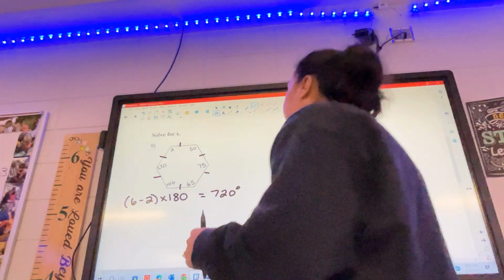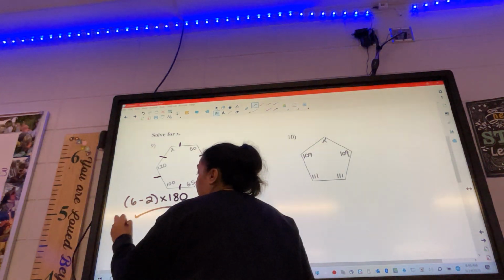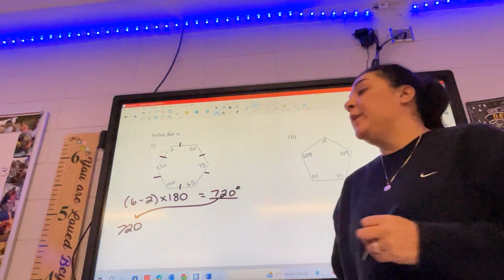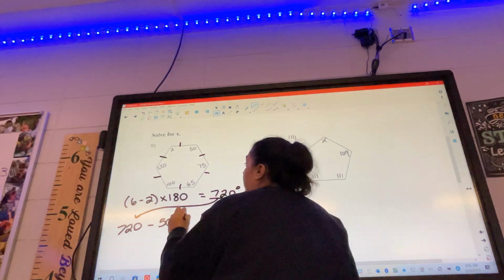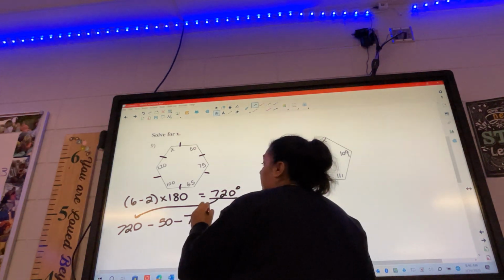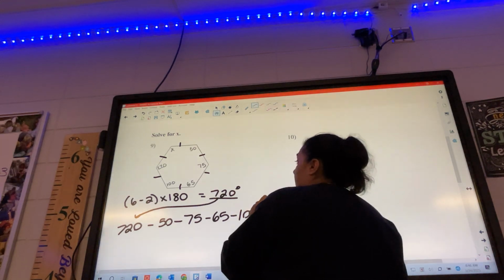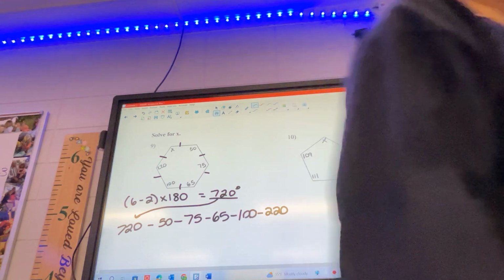Okay, the second step is going to be to take that number, and we started off with 720, and we're going to subtract every piece that's on the inside. So we're going to say minus 50, minus 75, minus 65, minus 100, minus 220. Okay, and again, I'm writing this out the very long way.